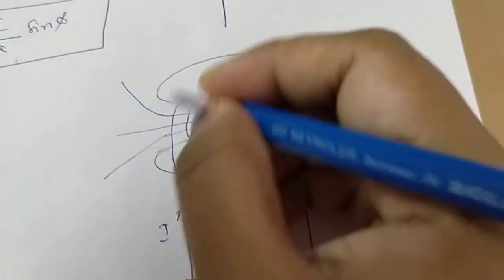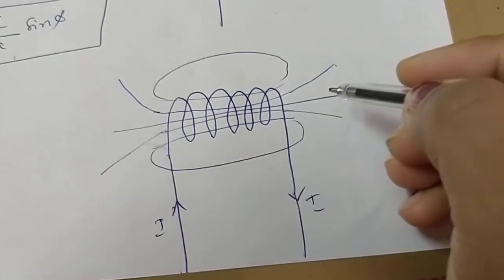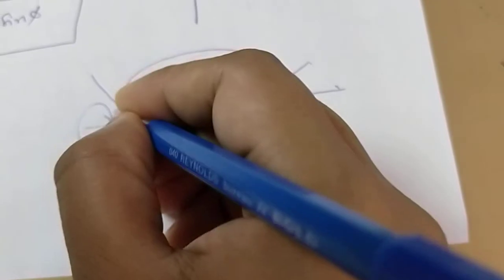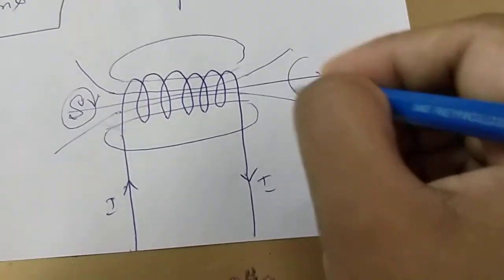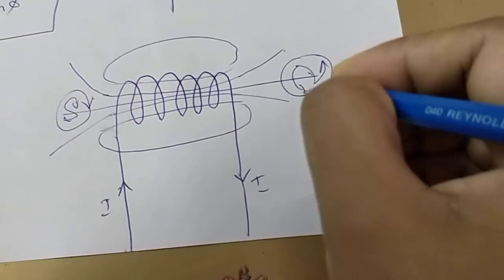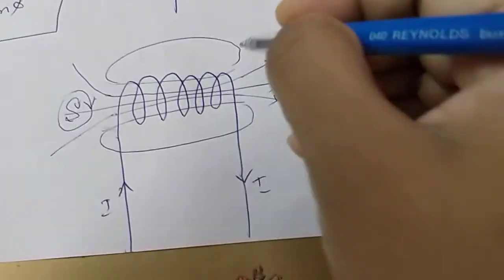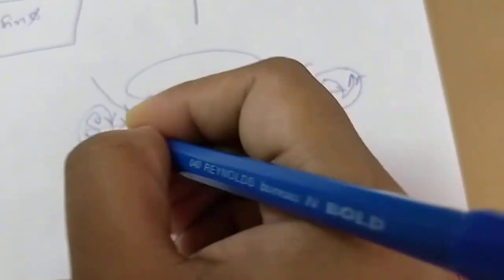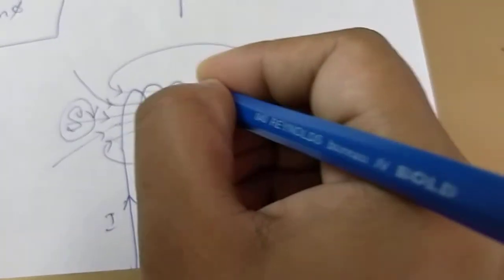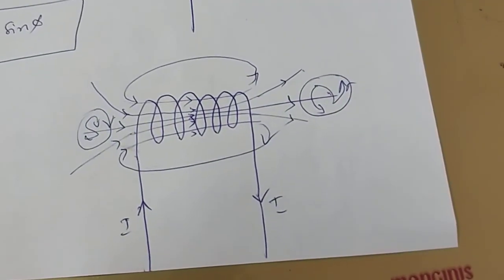On one side the current will be clockwise, on the other side anti-clockwise. Suppose this is the clockwise side, then this will act as a south pole, and here it is anti-clockwise, so this side will act as a north pole. The magnetic field comes out of the north pole and enters the south pole. So inside it, this is the direction of the magnetic field.